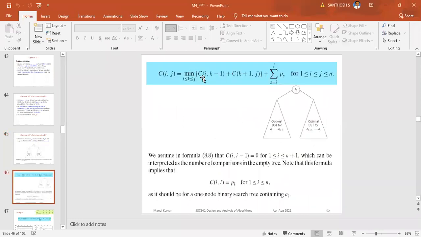So min of C of I, k minus 1 plus C of k plus 1 comma j plus the sum of probabilities. We assume this formula that C of I comma I minus 1 is equal to 0.